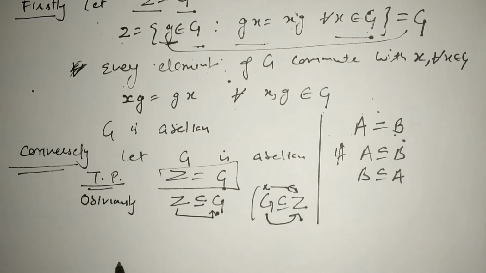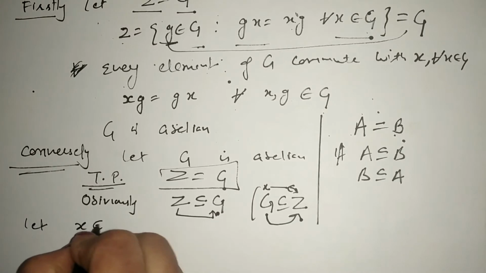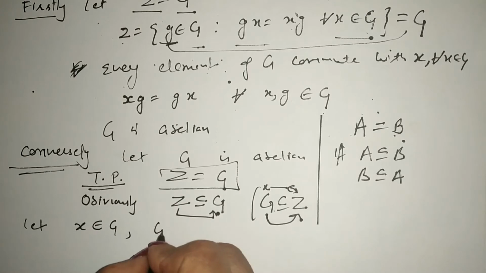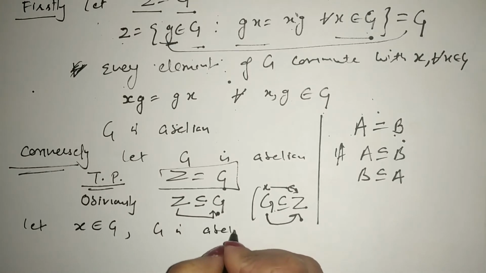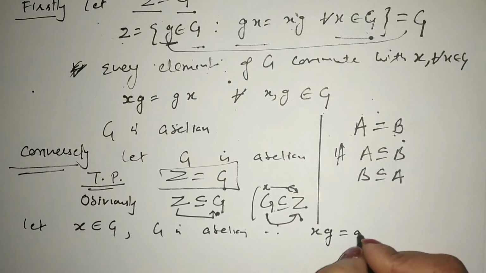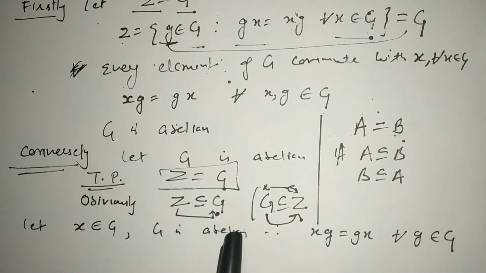So here we take one element x in G, right? So this is an element of G and G is abelian. Therefore x will commute with g for all g belongs to capital G, right?